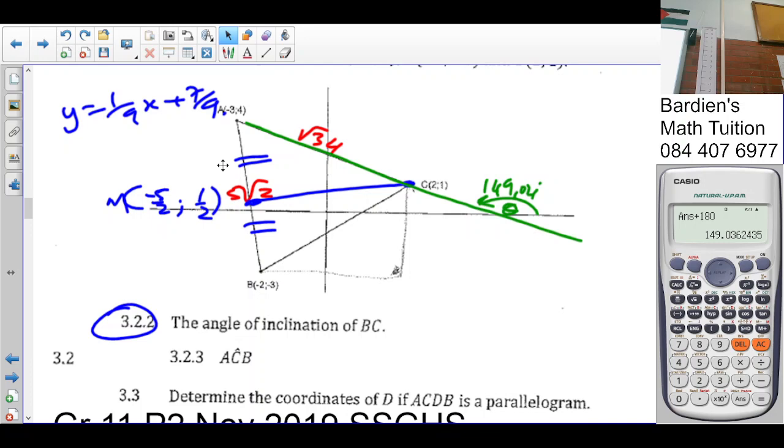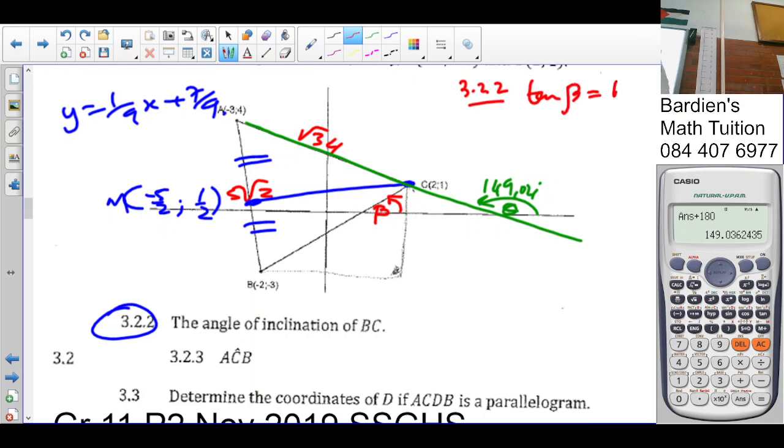So the angle of inclination of BC. So BC is this line here. So in other words, we're working out this angle. You all agree with that? Let's call this beta for now. Okay? So BC is 3.2.2. So tan of beta is equal to the gradient of BC.